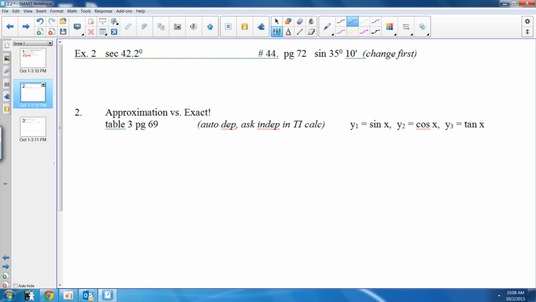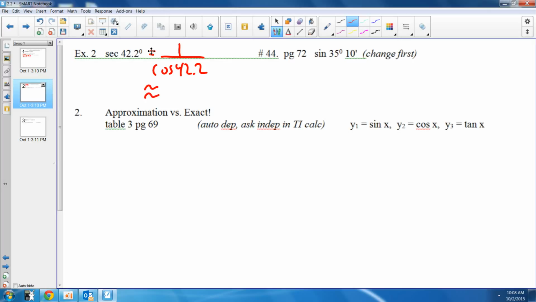When we get to a problem like the secant of 42.2 degrees, I want to go ahead and use the reciprocal identity first, and then I want to evaluate with my calculator. So I'm going to use the reciprocal identity to state that secant 42.2 is the same thing as 1 over the cosine of 42.2. And then at this point, I'm going to grab my calculator.